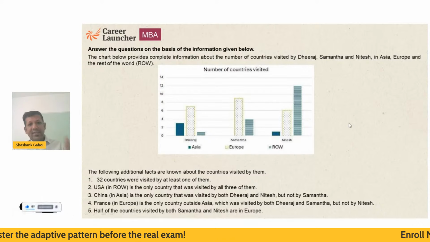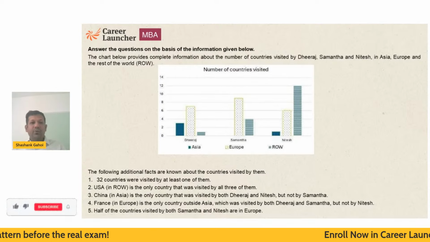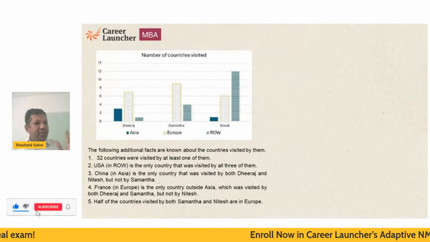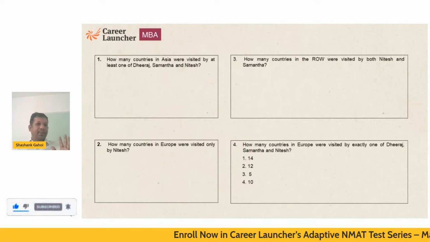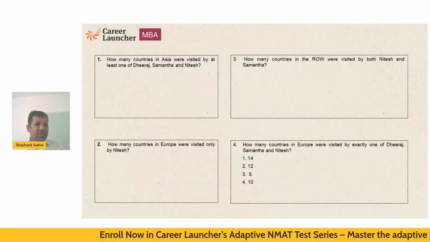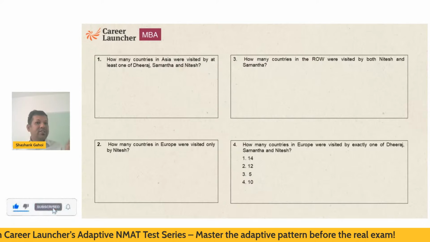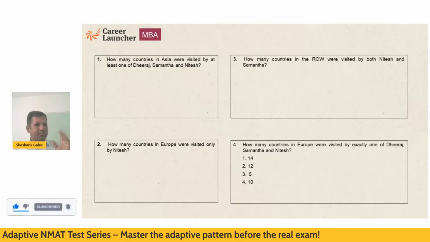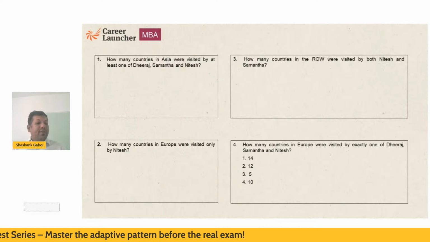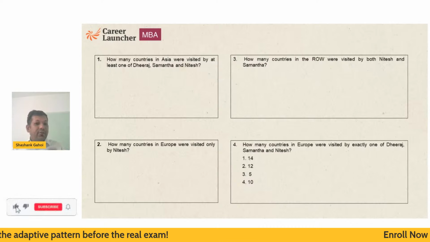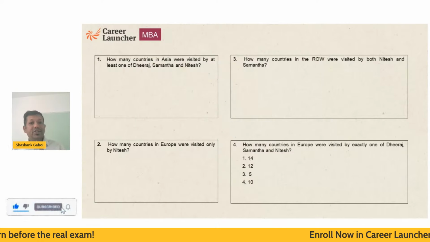The first thing that I'm always going to do in any of the sets is read the questions. How many countries in Asia were visited by at least one of Dheeraj, Samantha, or Nitesh? That's my first question. How many countries in Europe were visited by only Nitesh?